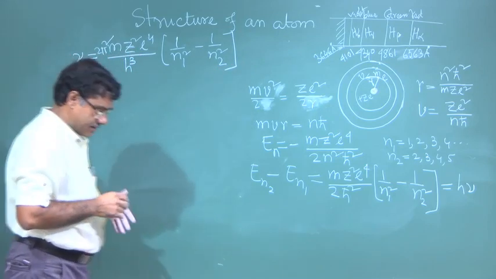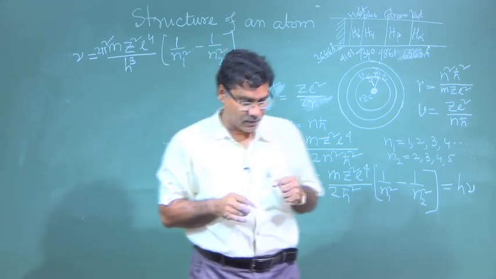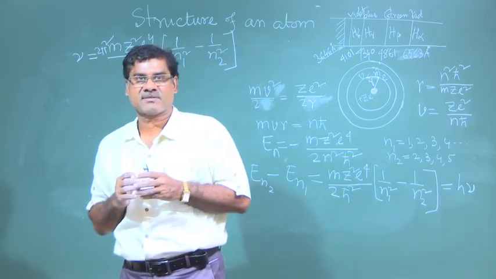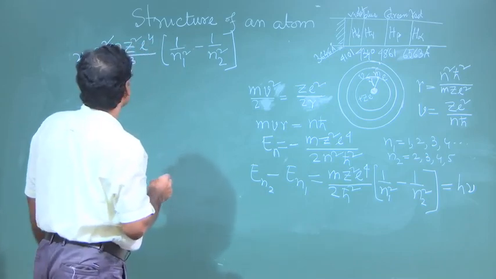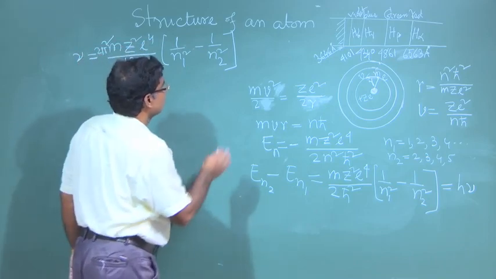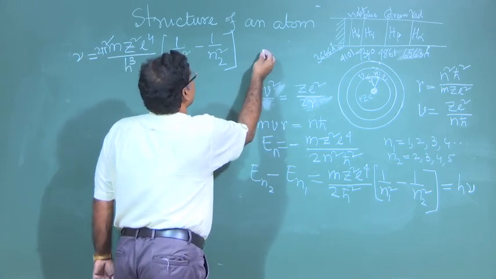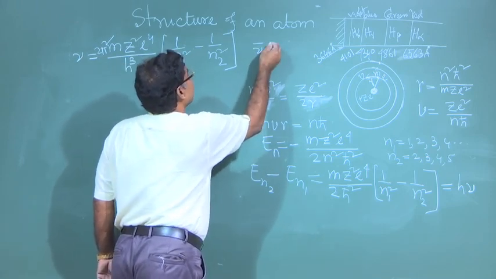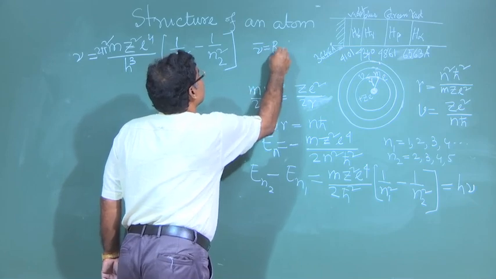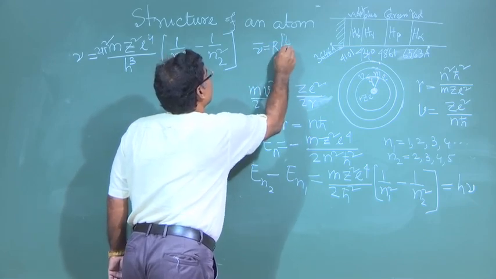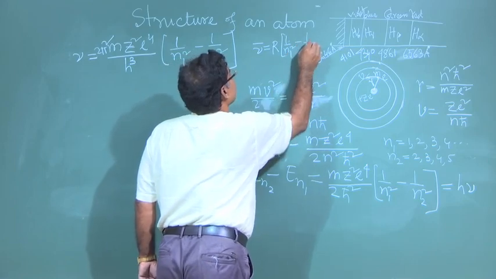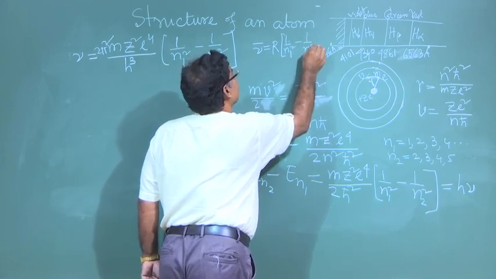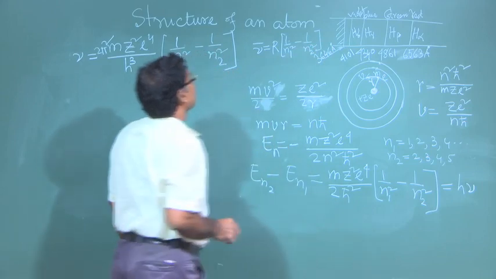And as I mentioned, the empirical formula we have seen, it was written that nu bar equal to R into 1 by n1 square minus 1 by n2 square, okay.